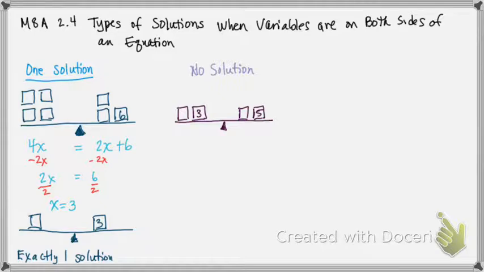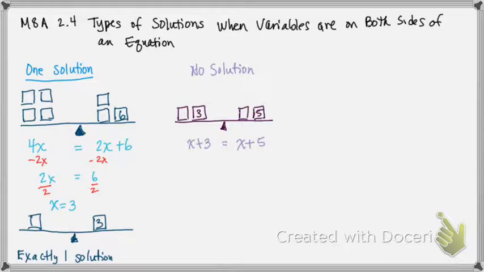So if we interpreted this, x would represent the empty box, plus 3. The balance point is an equals, and then we have x plus 5.